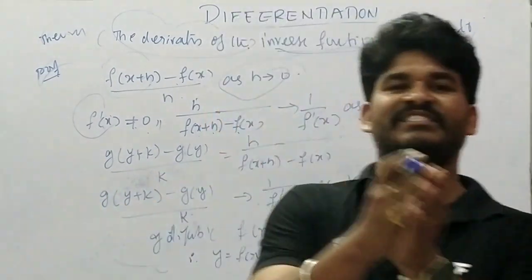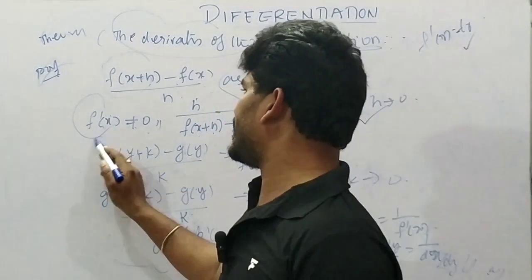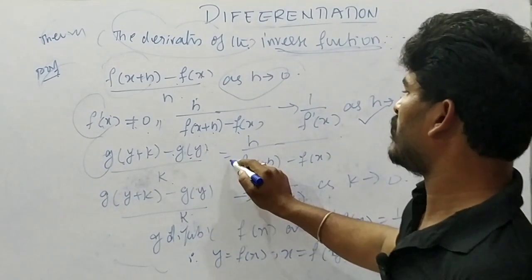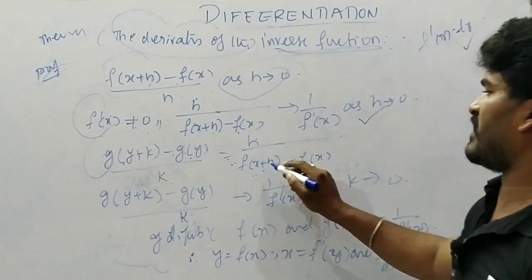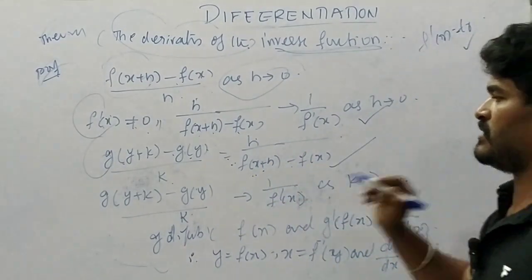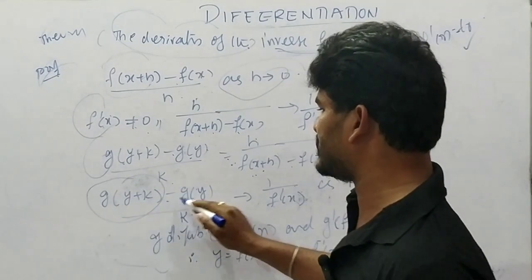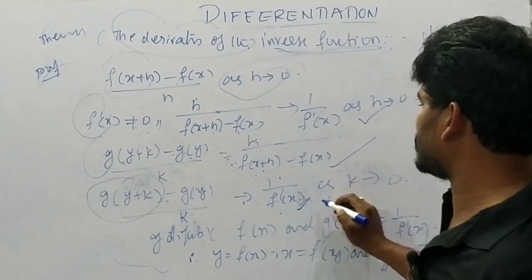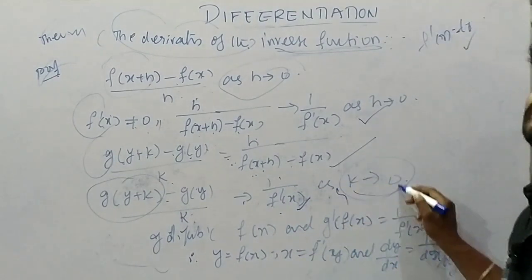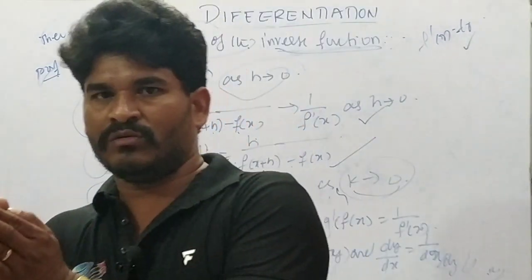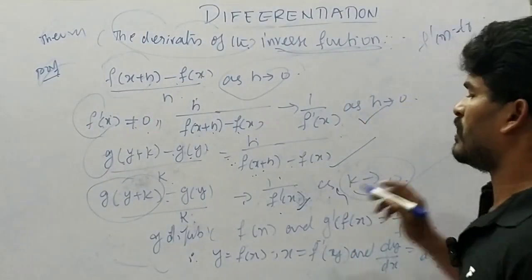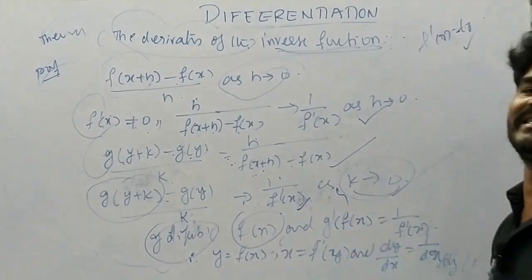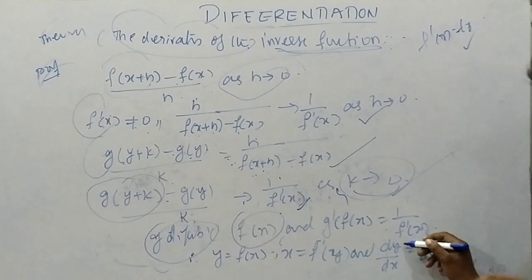Before, you have differentiated the function, we differentiate g: g of y plus k minus g of y divided by k tends to 1 divided by f dash of x as k tends to 0. Therefore g is differentiable, and g dash of f of x equals 1 divided by f dash of x.